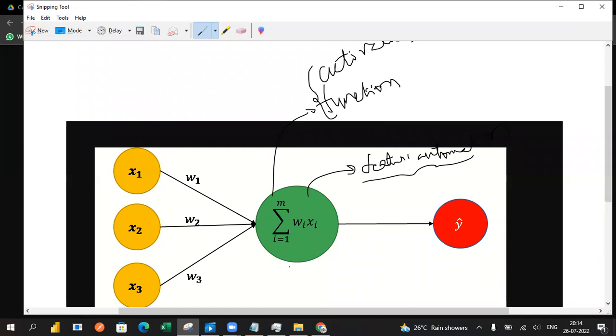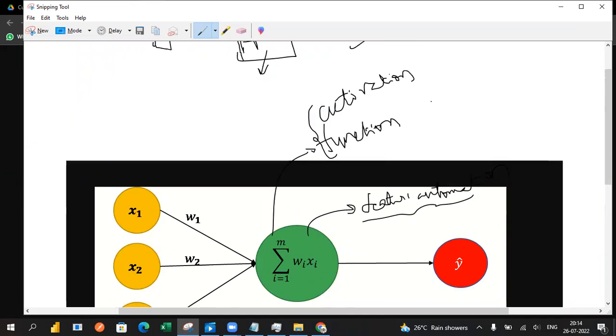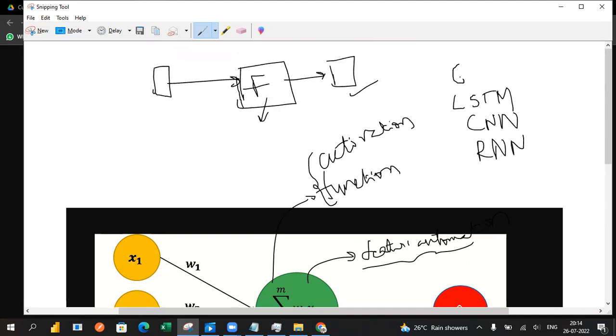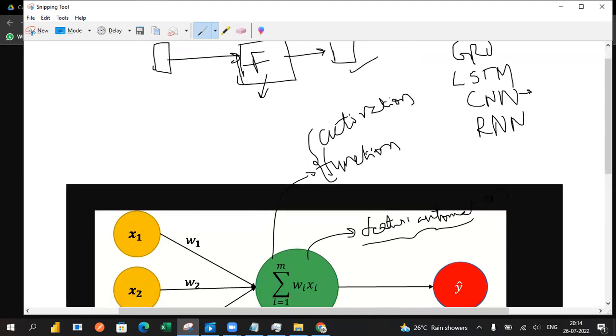That's why it's more popular, and also it's very elegant to construct any kind of mechanism in terms of LSTM layers, CNN, and also RNN. So most probably we have to use CNN for image classification tasks, or you can say image related tasks.